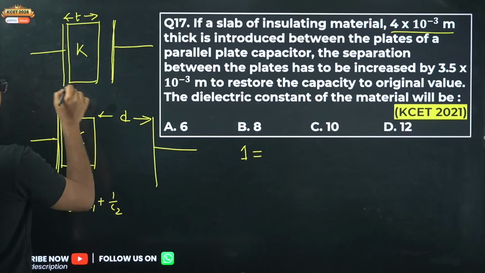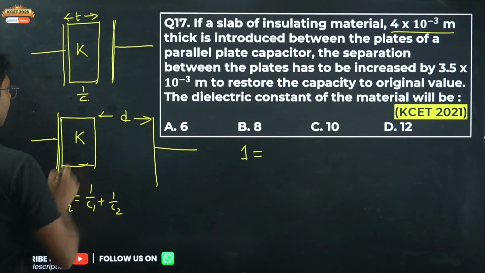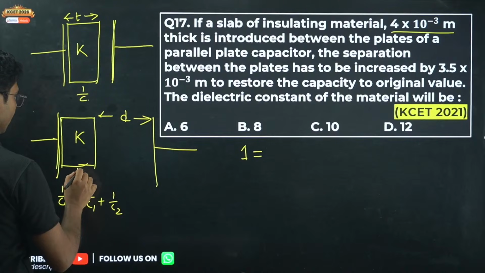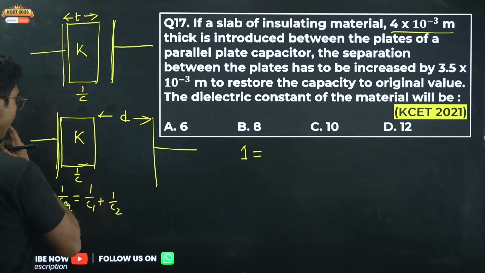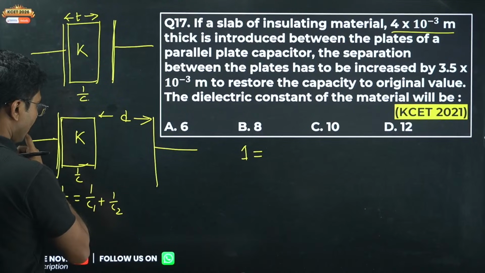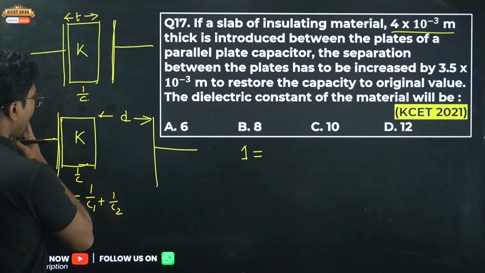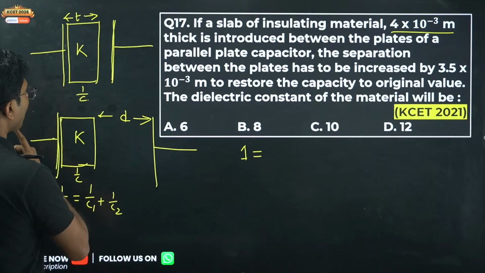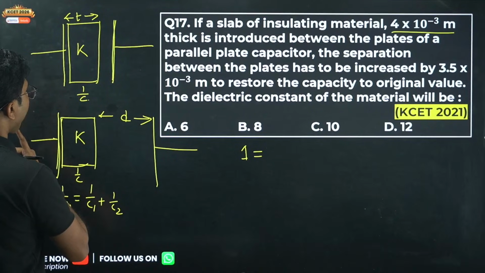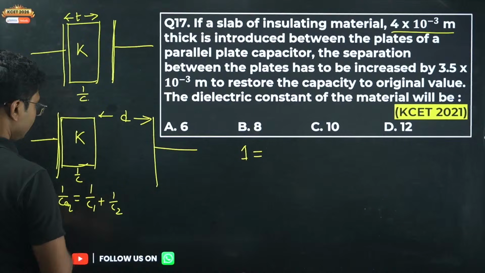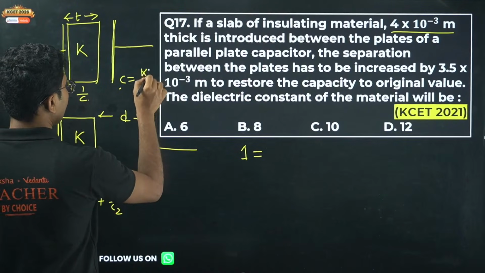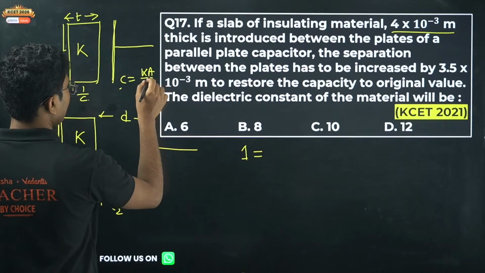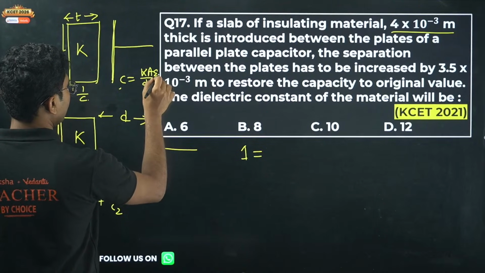And this one is 1 by C. 1 by C is equal to d upon A epsilon naught.